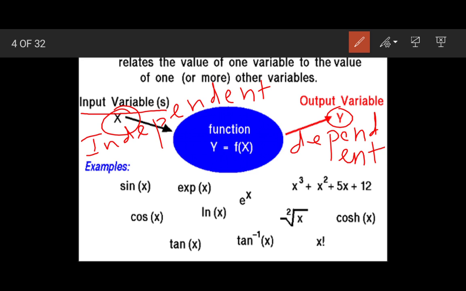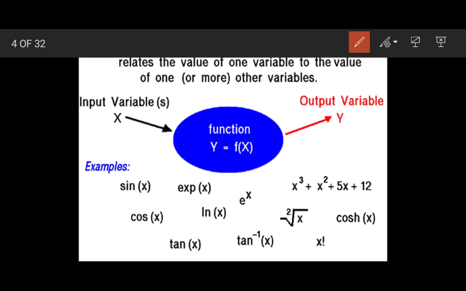So the relation between independent and dependent variable, that relation is known as a function. Clear? Okay, so the relation between independent and dependent variable is known as a function. Now this function can be denoted by y or f of x.